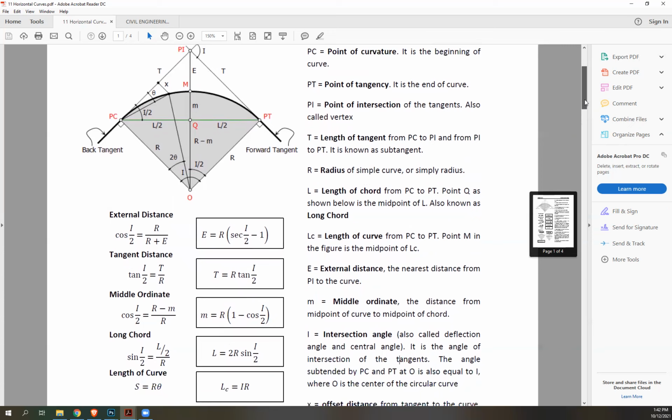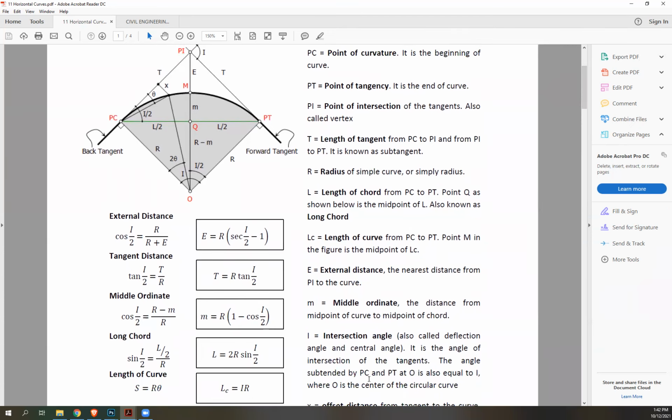The angle subtended by PC and PT at O is also equal to I, where O is the center of the circular curve. So this is your O, the center of this curve. Imagine this as a circle, part of that.